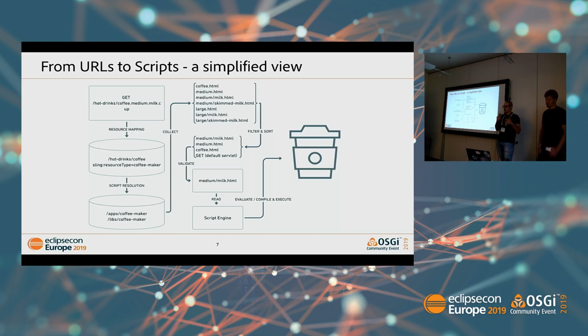The difference is caused by the fact that some script engines implement Compilable. If they implement Compilable, which is an API from the Java script package, then obviously you can store the compiled result, and then at next invocation it's just re-executed. So that would be a short day in the life of a Sling request.